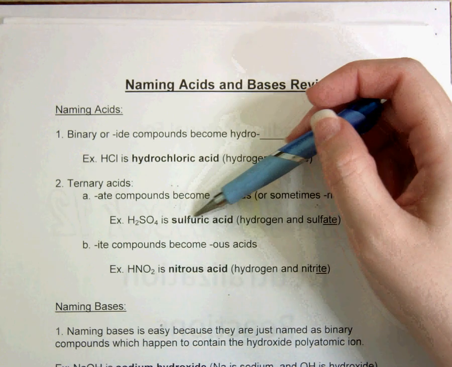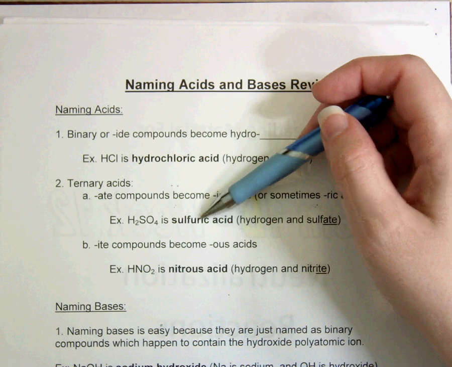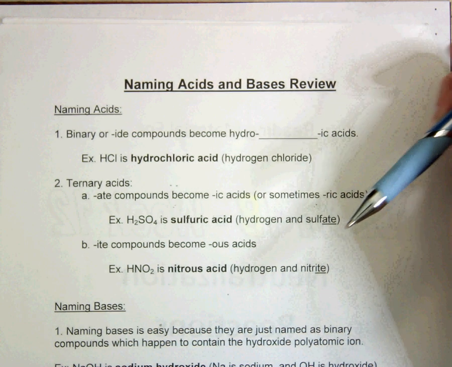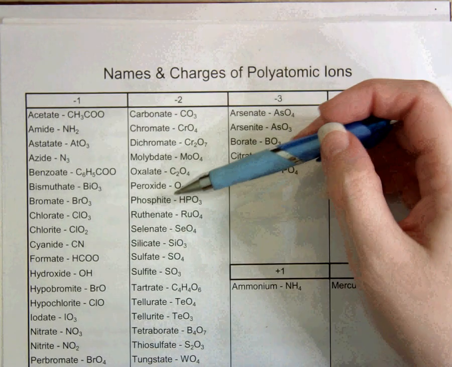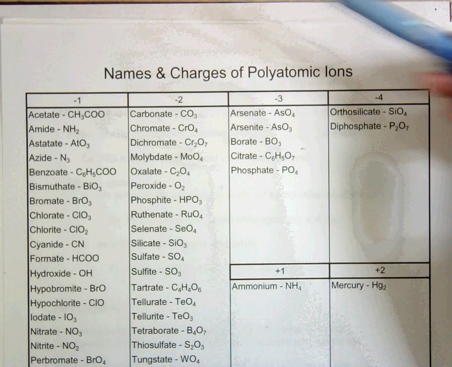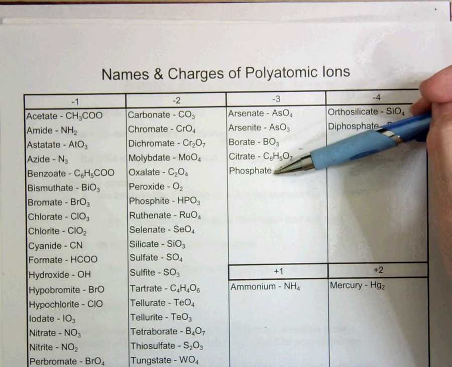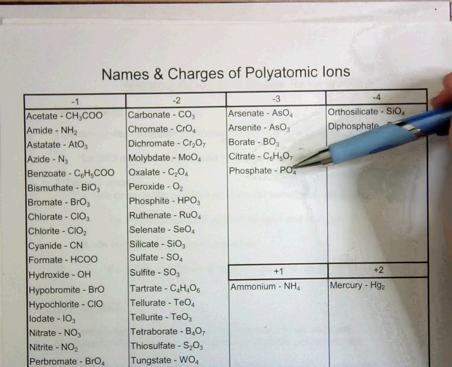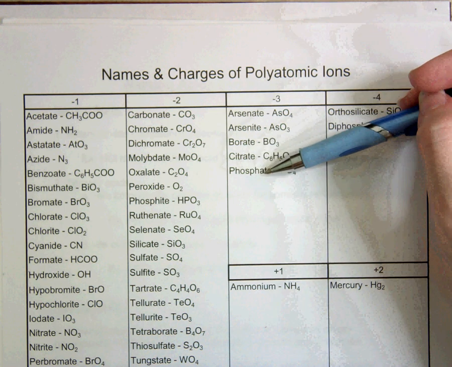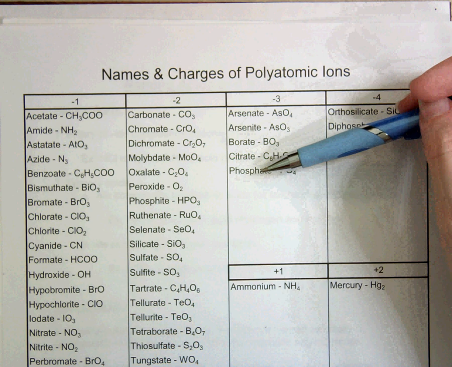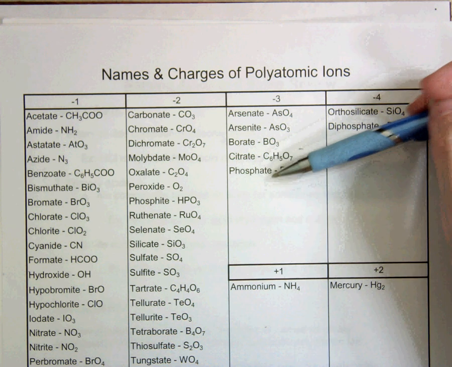So for sulfuric and sulfurous, we do this, and we also add in the or for phosphate and phosphite. Here's phosphate, and we change this ate to ic again in an acid, but it's not phosphic acid. We would call it phosphoric acid, or for phosphite we'd call it phosphorous acid.